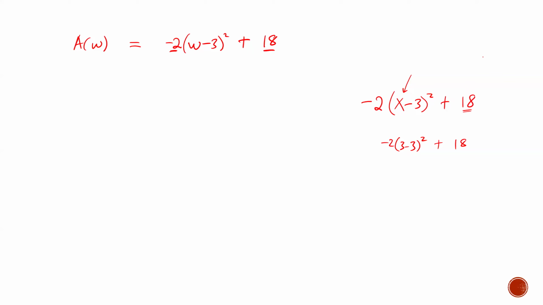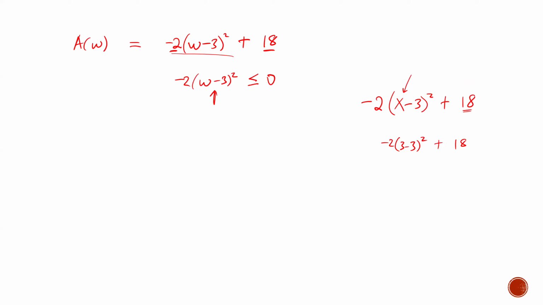We can only get that maximum when this is 0, because minus 2 times W minus 3 squared is never going to be more than 0, since you have a negative times a non-negative number. Its maximum is 0, and it's only 0 when W minus 3 is equal to 0, so when W is equal to 3.